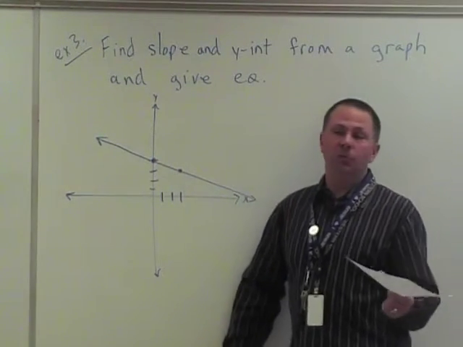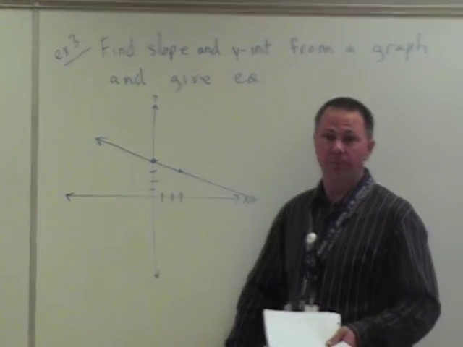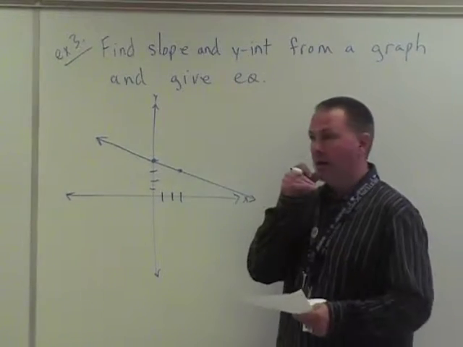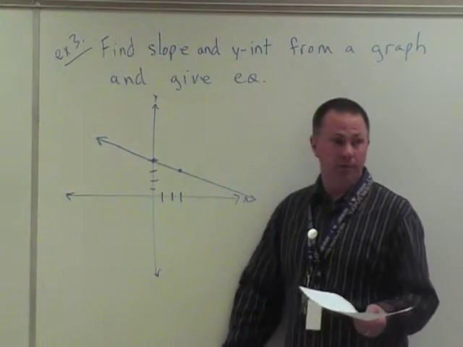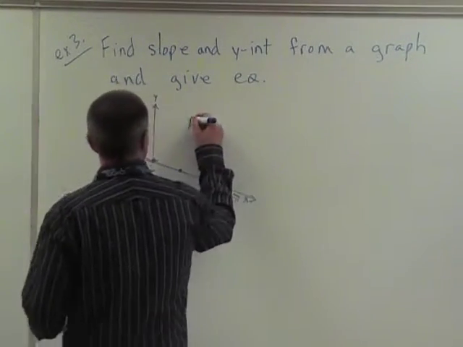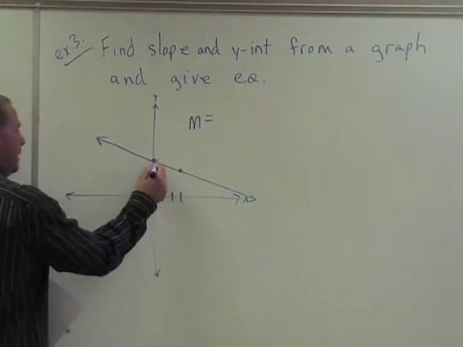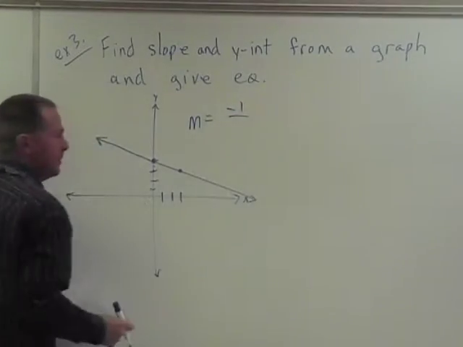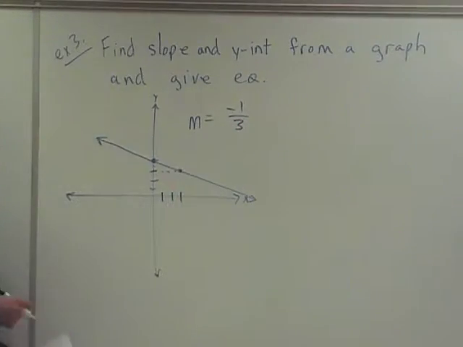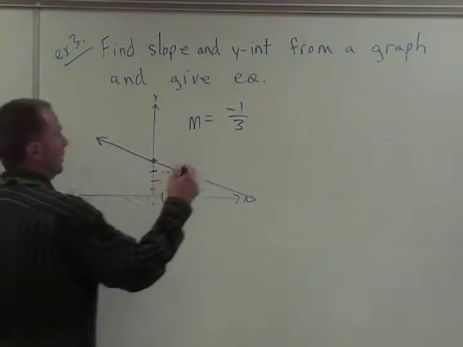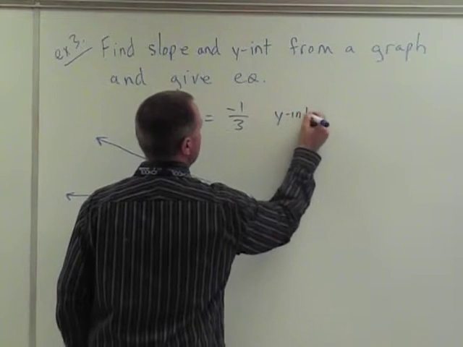The purpose of finding 2 points is to find the slope, either by your slope formula or by rise over run. So the slope on this one is going to be down 1, that means -1, that's your rise. And you're going to run 3, 1 to the right, so that's +3. So that's your slope. What's your y-intercept? 4. So we don't even have to do anything special for this one.